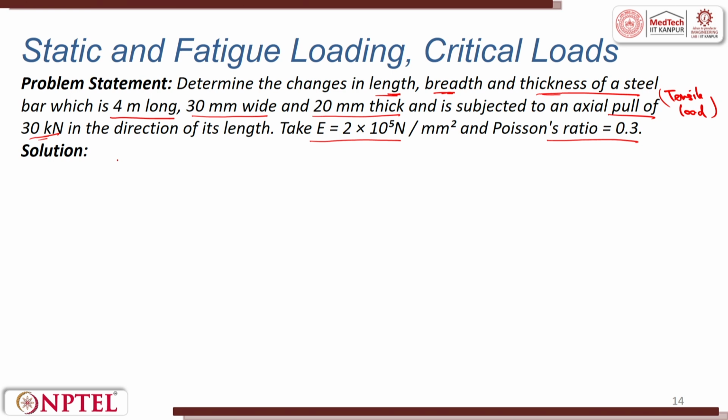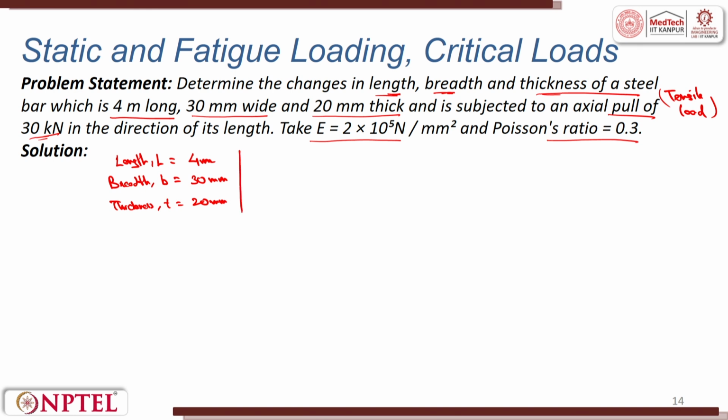Let us put down the given values. Length L is equal to 4 meter. Breadth, I will put it as small b, is equal to 30 millimeters, and thickness, small t, is equal to 20 millimeters.